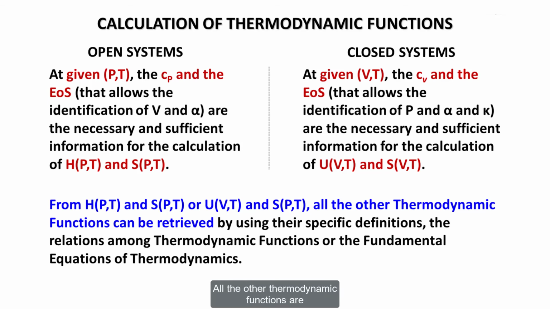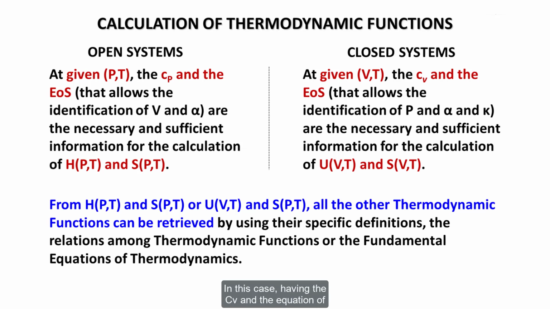All the other thermodynamic functions are then calculated in cascade from enthalpy and entropy by using the definition of the specific thermodynamic function or the fundamental equations of thermodynamics. When volume and temperature are given, it's likely we are in a closed system.